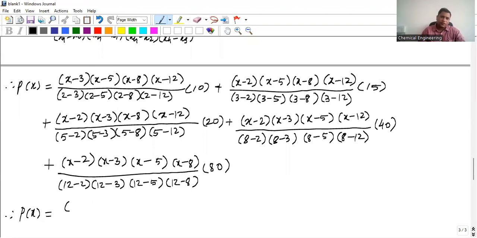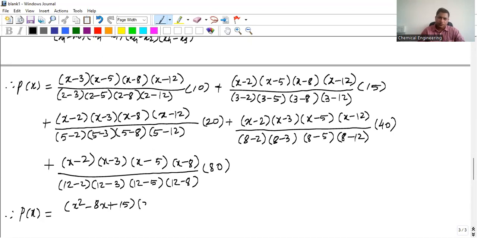So if I calculate the product of these two first, is it x square minus 8x plus 15? Getting this? Yes, sir. The product of first two terms. I am taking two terms at a time. I am not taking four terms at a time.